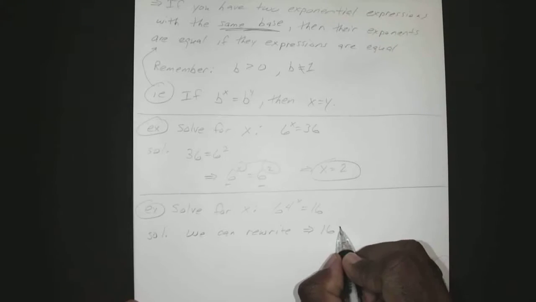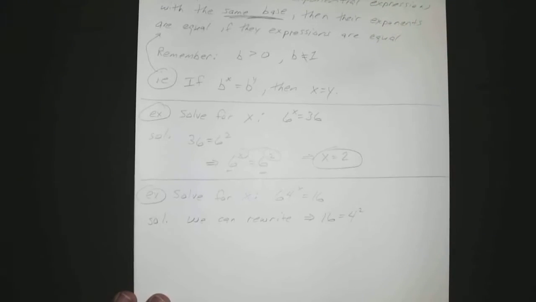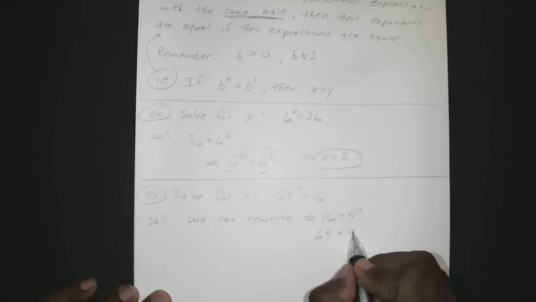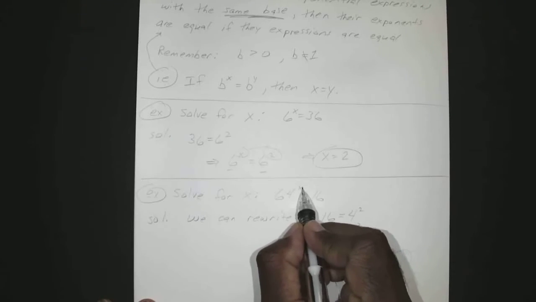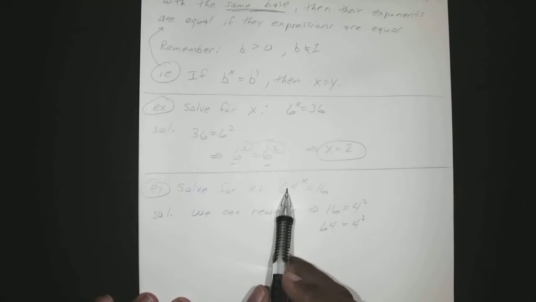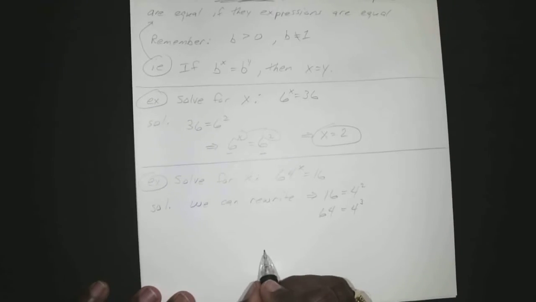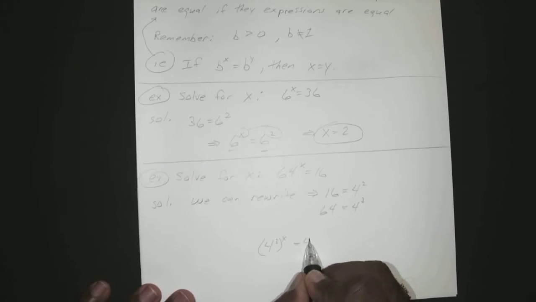Remember, 16 is equal to 4 squared. And 64, remember, that's just 4 times 4 times 4. So that's 4 to the third. So that means 64 to the power of x equals 16 can be written as 4 cubed to the power of x equals 4 squared.